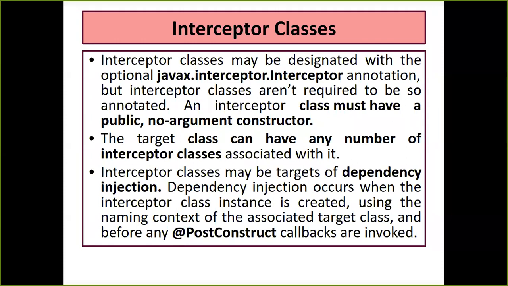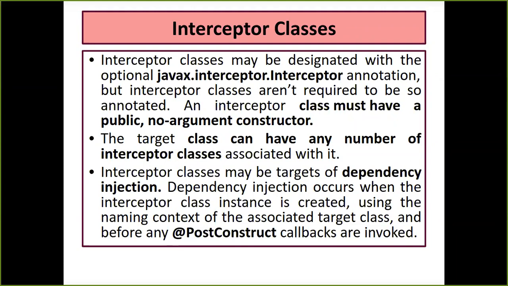Also, if I want to implement the annotation in my program, I have to import a package called javax.interceptor.Interceptor. If you want to write an interceptor in your program, you can have an interceptor as a class. The class can be public, but it should not have any argument in the constructor; it should be the default constructor.